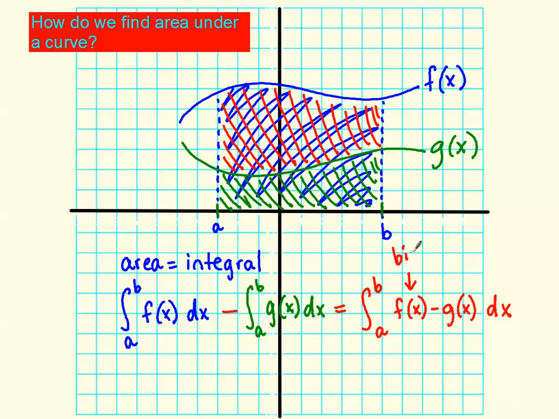This is the bigger y values, the y values that are on the top, and these are the smaller y values, and I always want to subtract bigger minus smaller when I'm talking about area. So we can think of this as doing the integral of the function that's on top minus the function that's on the bottom, because then I'm always doing bigger minus smaller, and that's when it's with respect to x.